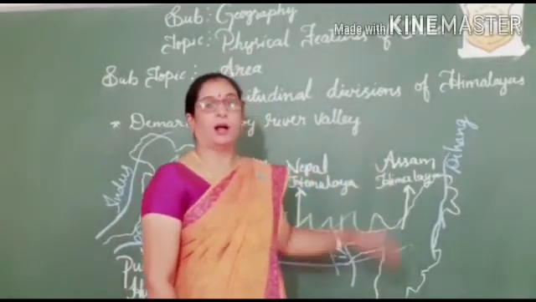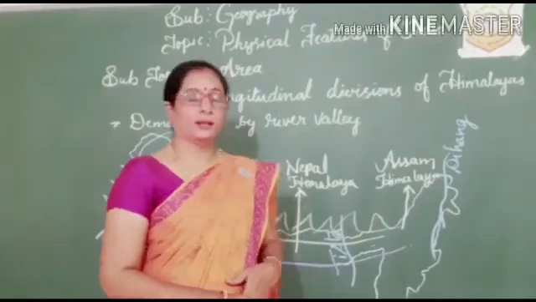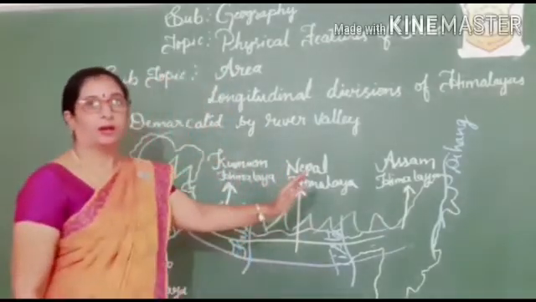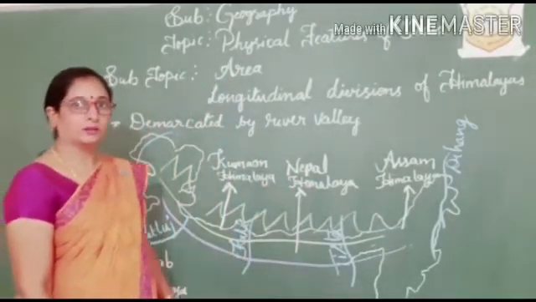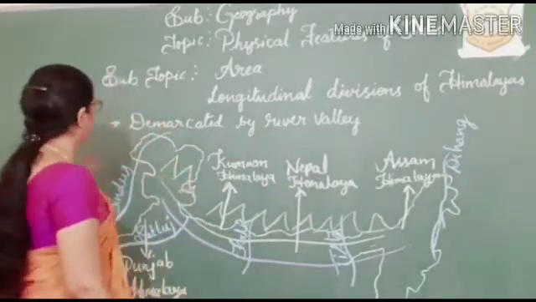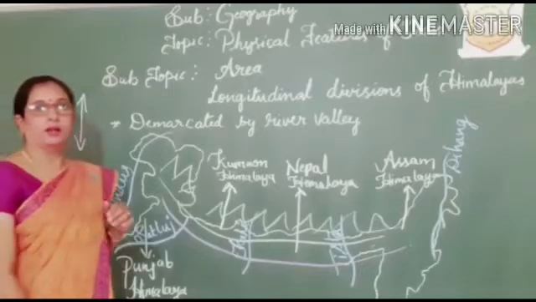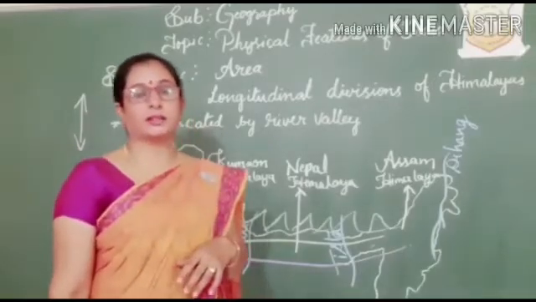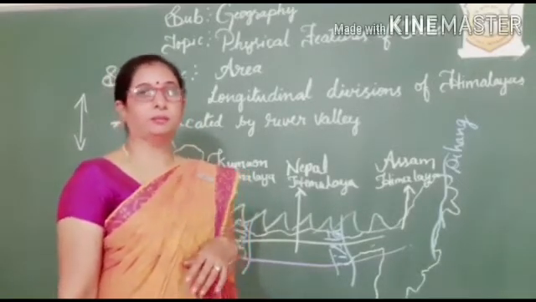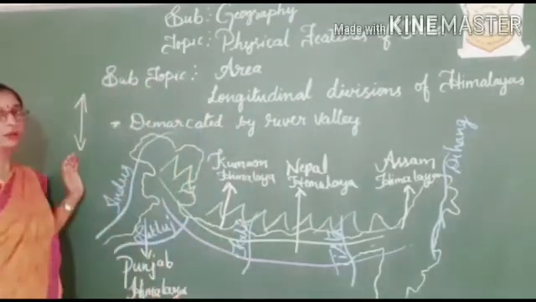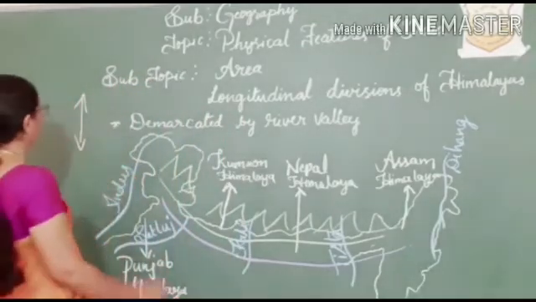Today's subtopic: how the Himalayas are located longitudinally and latitudinally. Children, what is longitude? You have learned in the previous classes, yes? Longitude means an imaginary line drawn from north to south on the globe.